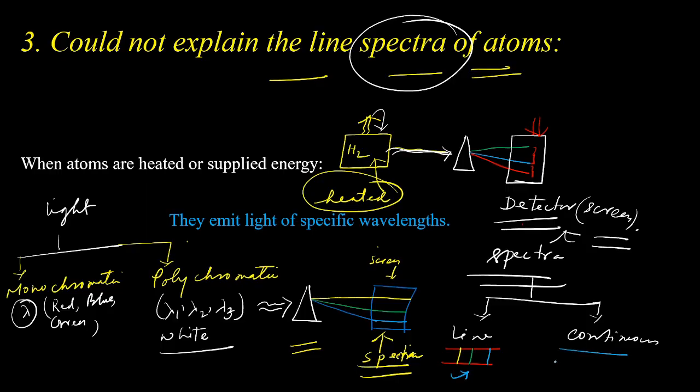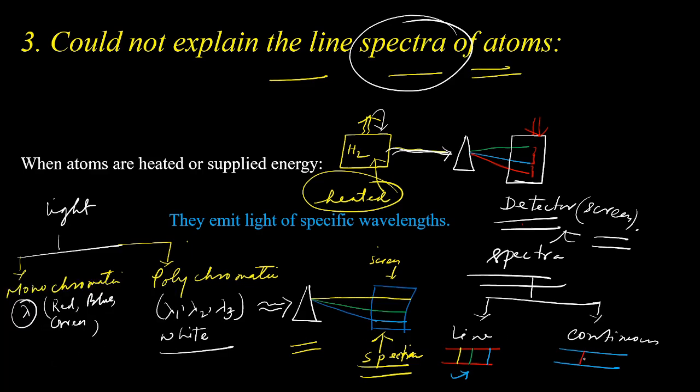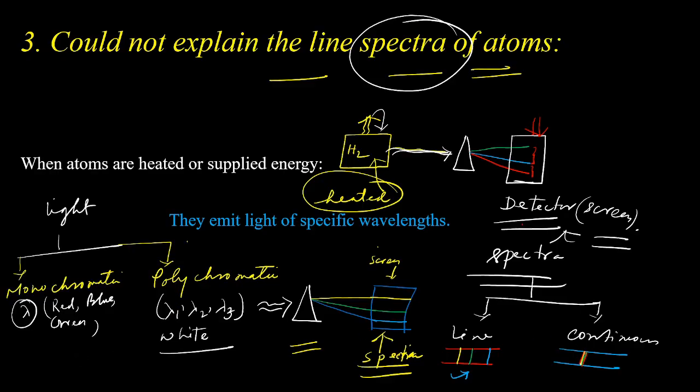But continuous spectra means all the lights will be collapsed like this. You cannot separate lights from each other. So this is continuous spectrum and this is line spectrum.